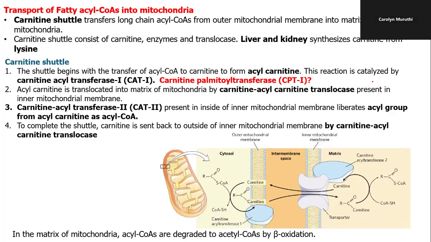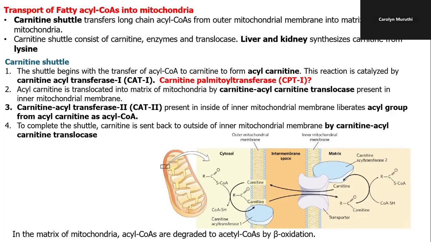And this reaction is catalyzed by carnitine acyl transferase 1, CAT1, which in some books you find also known as carnitine palmitoyl transferase, that is CPT1. So after acyl-carnitine is formed, it will now be translocated into the matrix of the mitochondria by a translocase, which is present in the inner mitochondrial membrane.